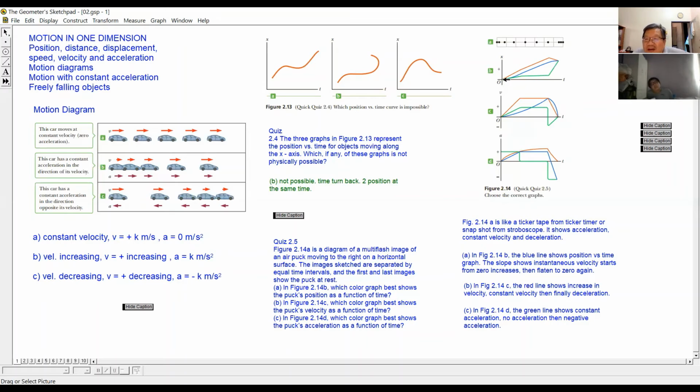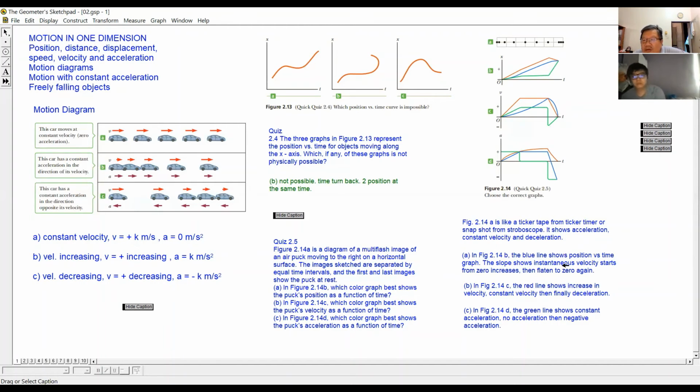You see that the position at first goes further and further apart. Then this part here curves back again, becoming less and less. In between here they space out very well. Towards the end they are very close together, and towards this end also very close together. So the blue line is correct. Let us see what is written here. Blue line shows the position versus time graph.